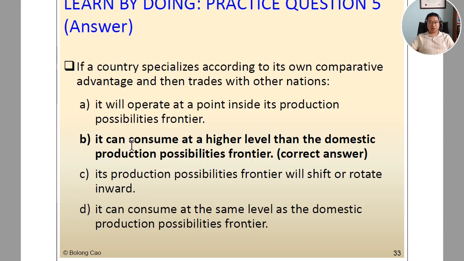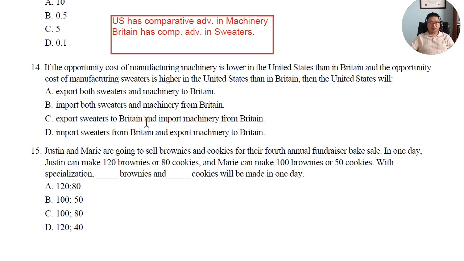Basically, when a country specializes according to comparative advantage, producing the product that it has lower opportunity cost, it can consume at a point that is not attainable by its own domestic production possibility frontier. That's our conclusion. So, going back to this question, the United States should specialize in what?